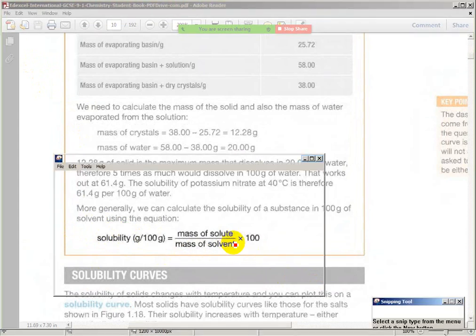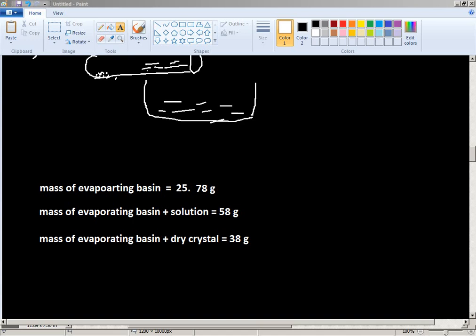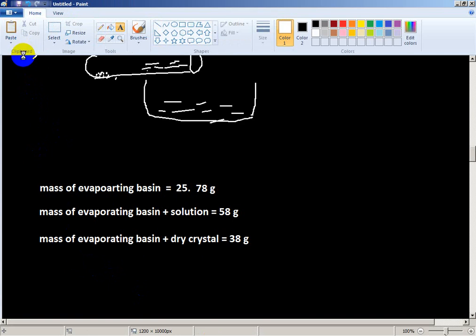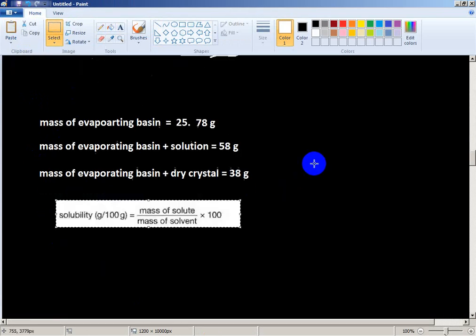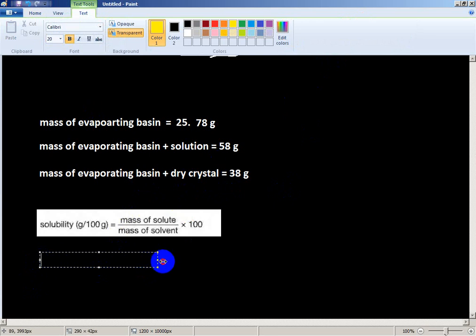So how can I find the mass of solute? Hello student, are you listening? At first I need the mass of solute, the dry crystal mass.